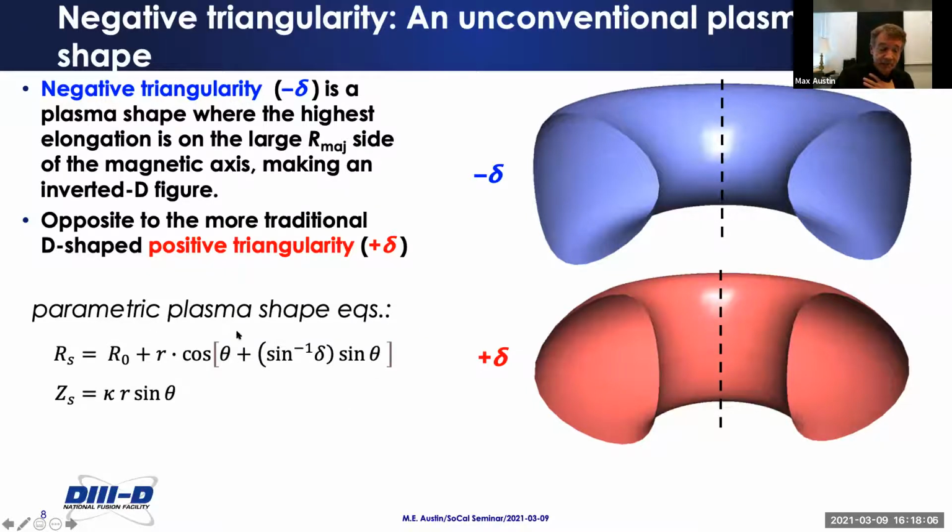High values like 0.8 to 1 make a very triangular cross section. Lower values make a softer D shape. And then there's also this quantity kappa, which I'll be mentioning as well, which is the elongation.